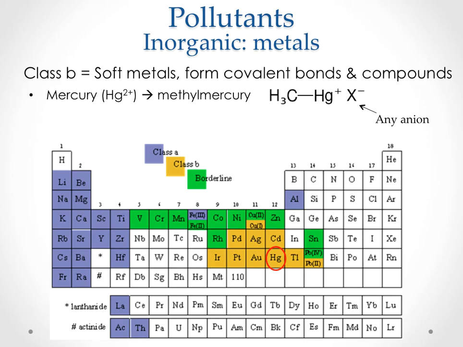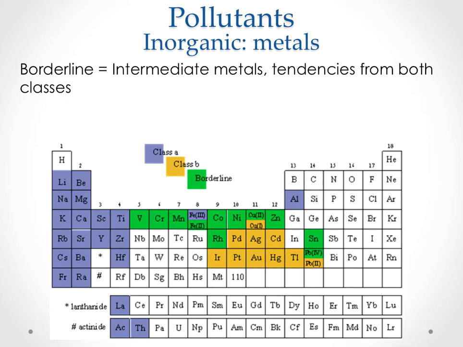And you probably talked about that a little bit already in your previous classes. We may talk about it a little bit more later on, more the chemistry of it. So borderline are these intermediate metals that have tendencies from both classes, so cations and then forming carbon compounds as well. And again, they're the green ones.